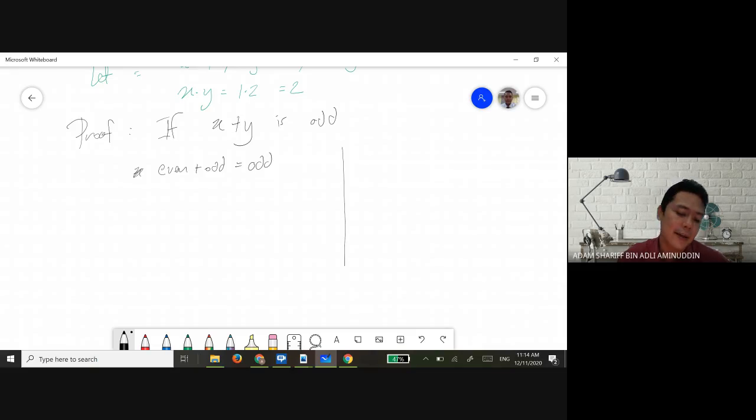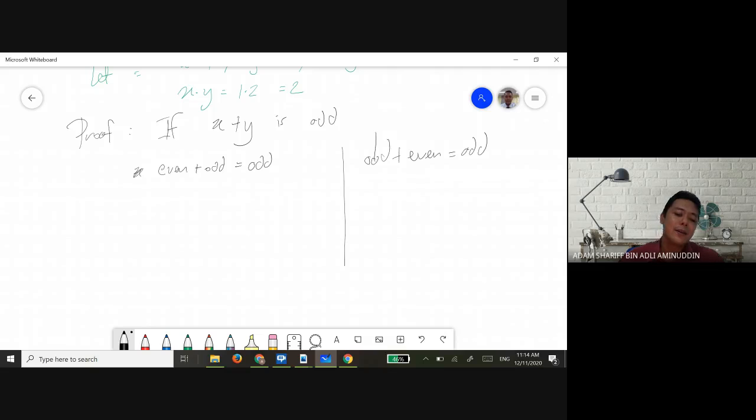This is the first case. And the second case is odd plus odd equals to odd. Okay? Silap. Odd plus odd equals to even. Odd plus even equals to odd.